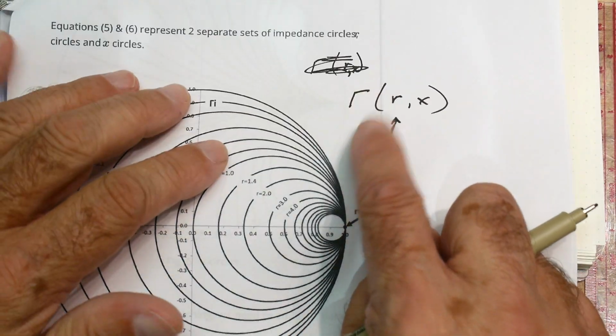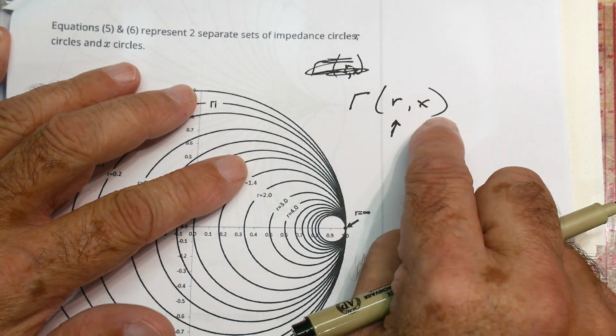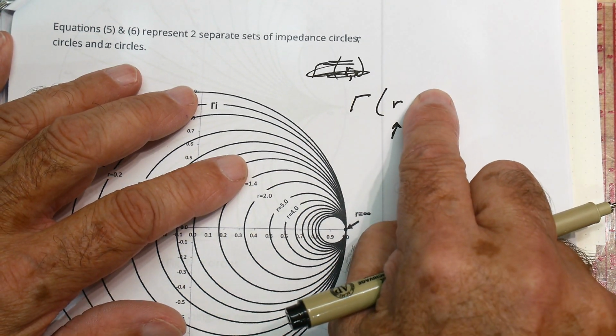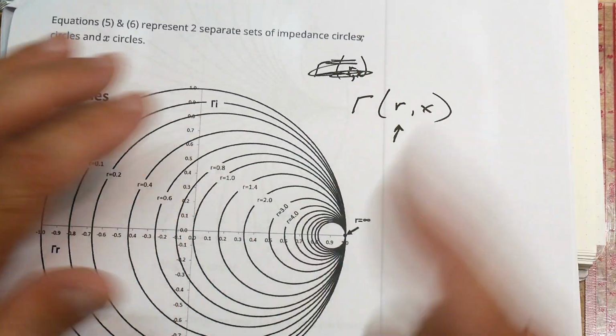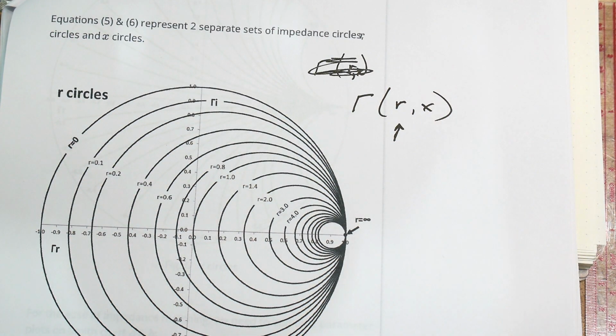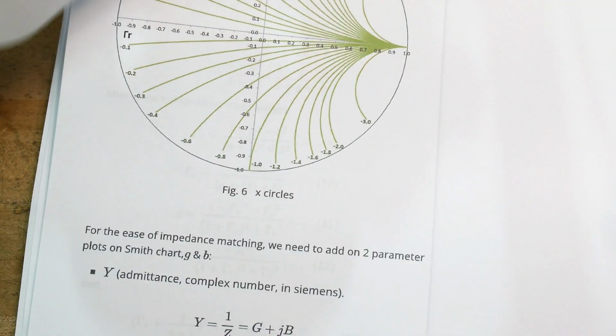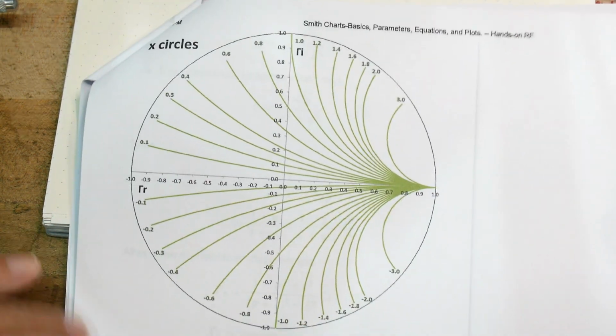We have this new function, gamma, as a function of resistance and reactance. What if we hold reactance constant and vary the resistance? What does that do? Well, you get these curves.